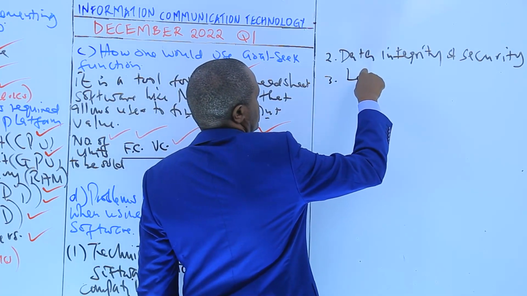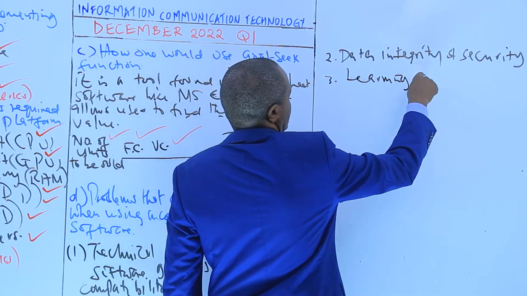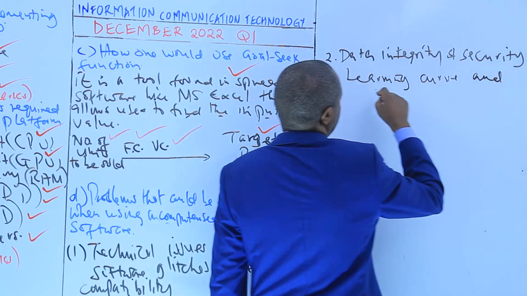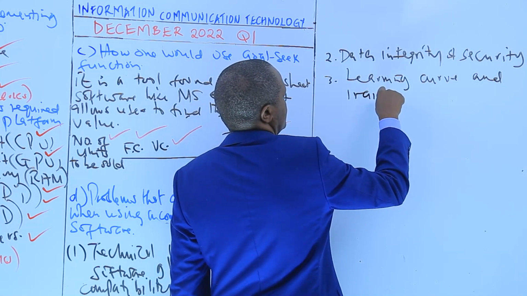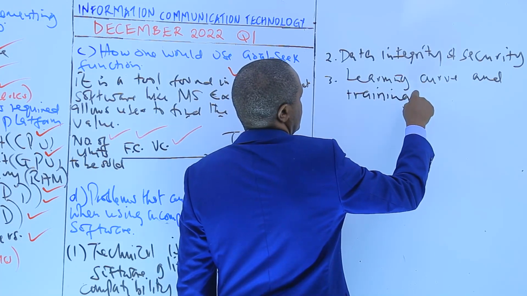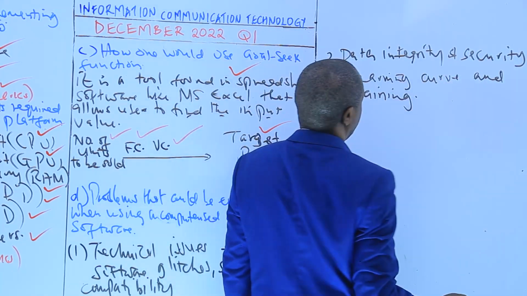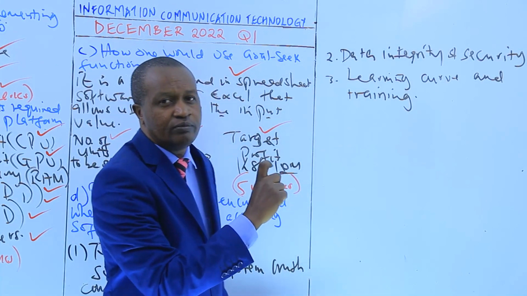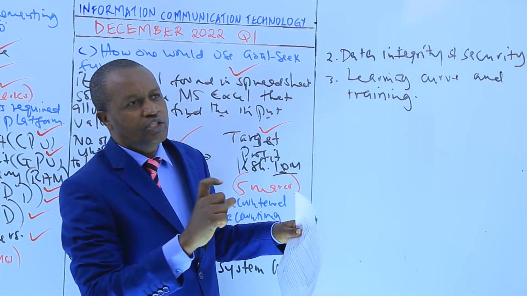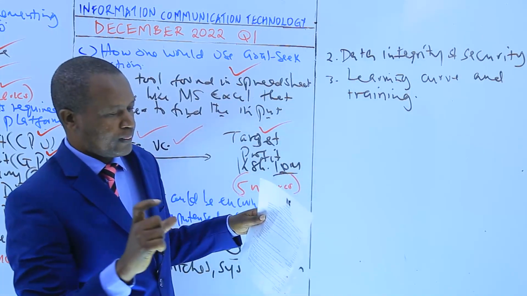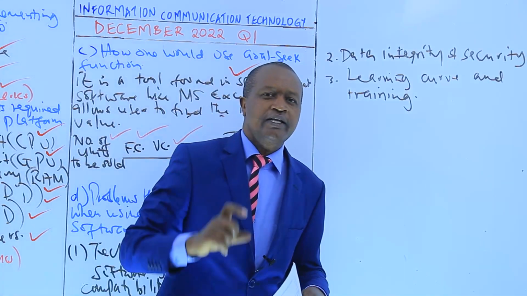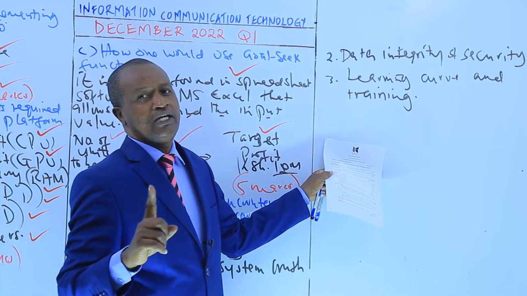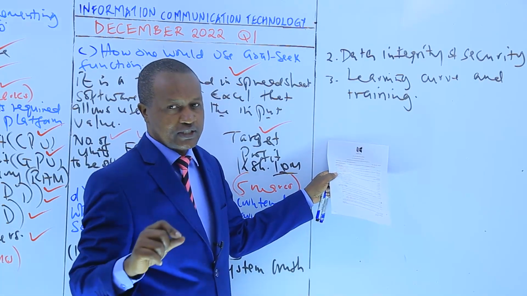Number 3, learning curve and training. Candidates transitioning to computerized accounting software may require employees to acquire new skills and to adapt to new processes.